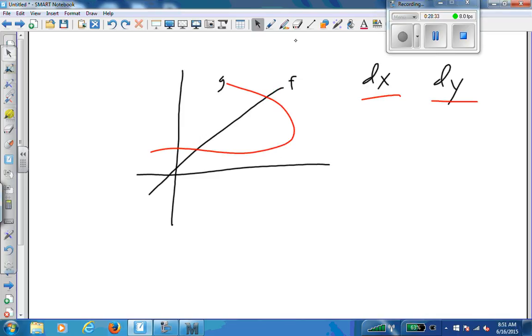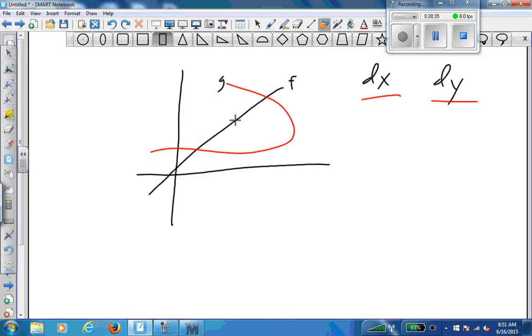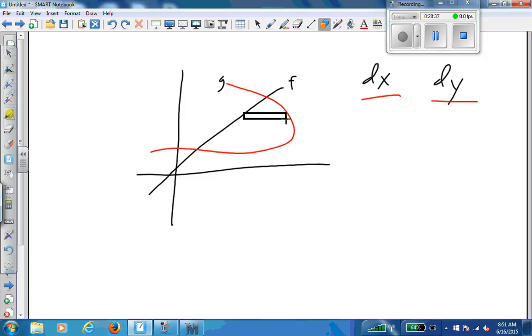So let's see what happens if we draw a horizontal sample element. We draw our sample element here. The right side touches G, the left side touches F, and anywhere we move it to, the same thing's going to happen.